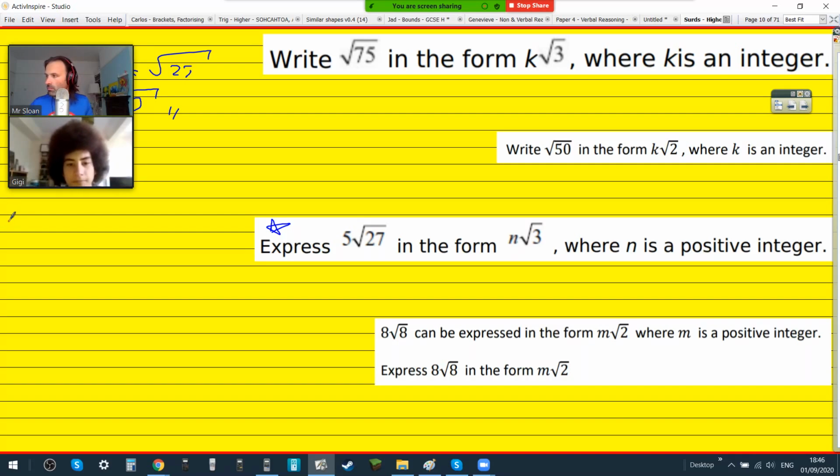It would be 5 root 27. 27 divided by 3 is 9.